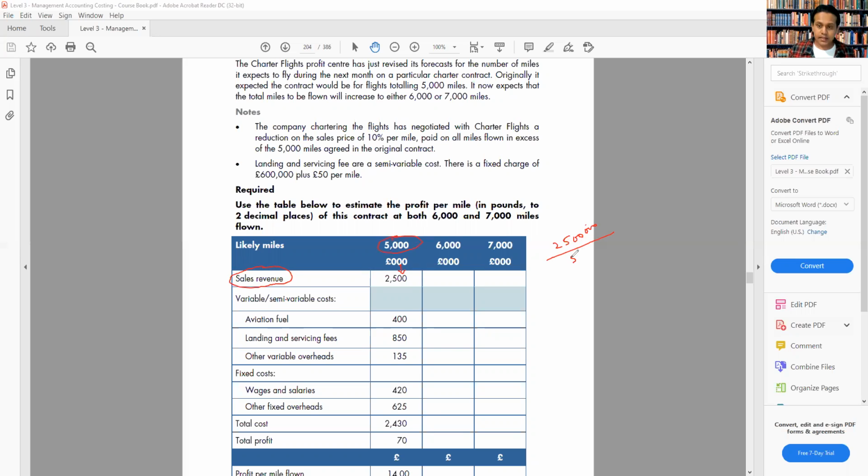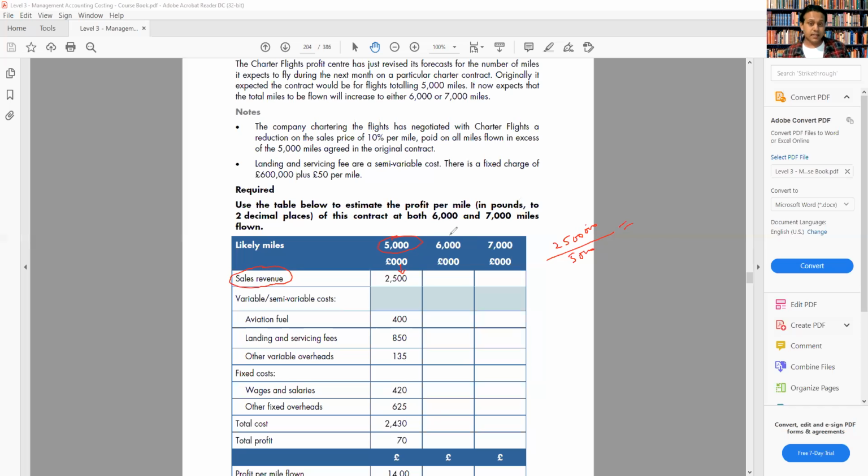If I divide by that, it will give me the selling price per mile. So if my total income is 250,000 for 5,000 miles, dividing will give me the price per mile. So 250,000 divided by 5,000 gives the selling price per mile. After that, I'll multiply by 6,000 to get the revenue for that.